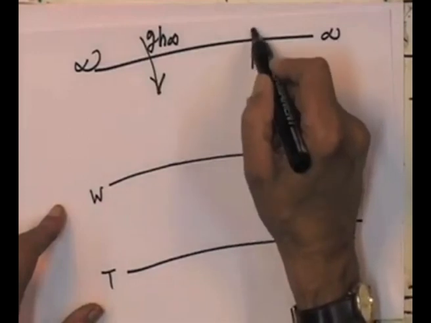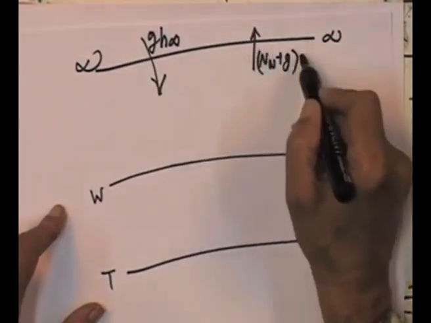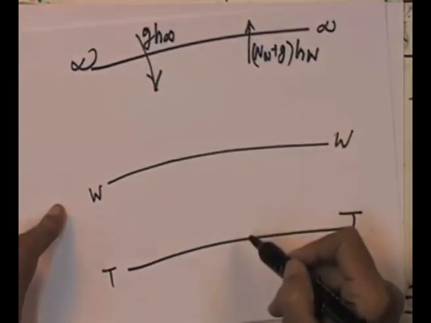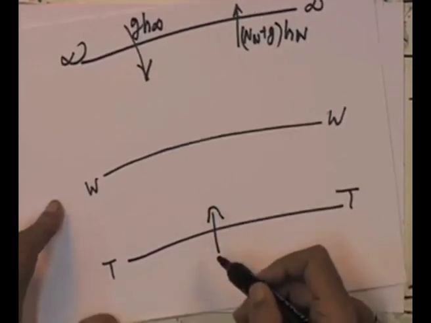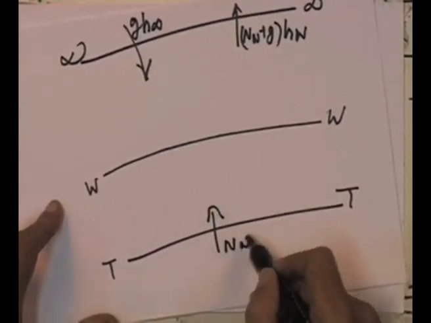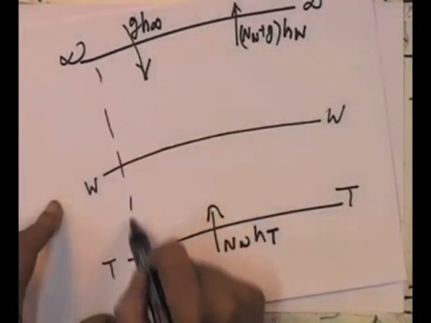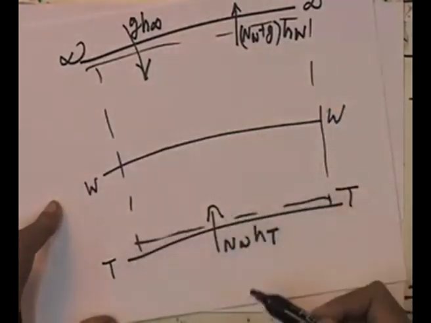There will be N W plus G, H W, and there would be here N W times H T. So, I am considering the control volume between infinity and T states.